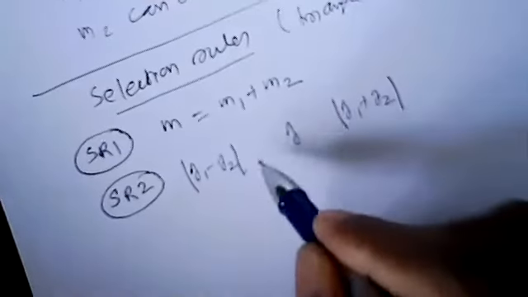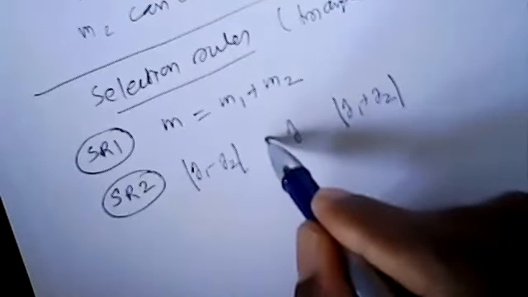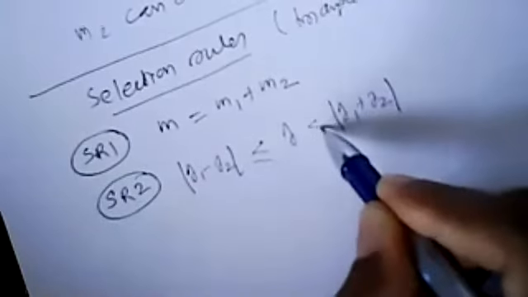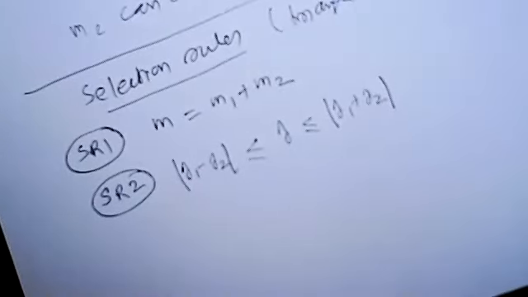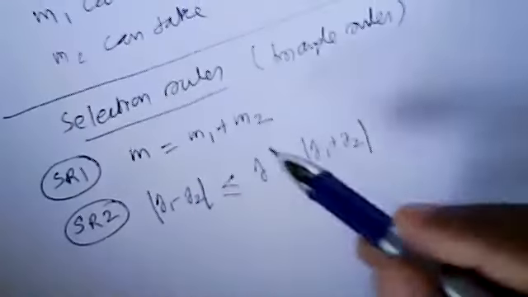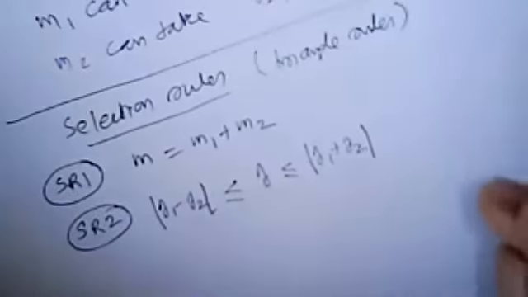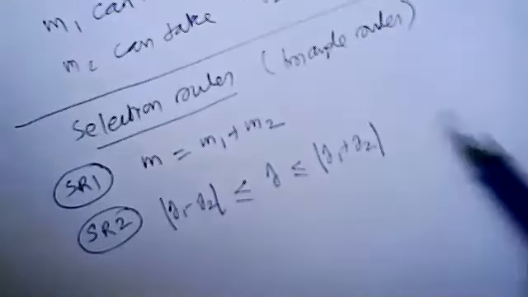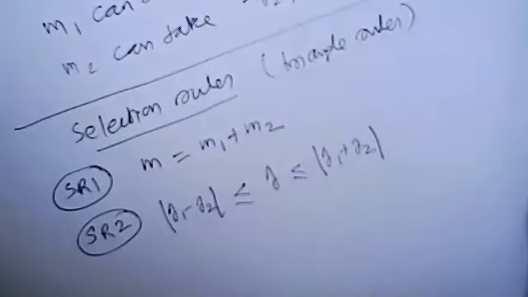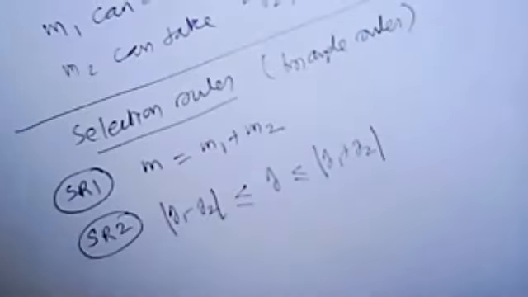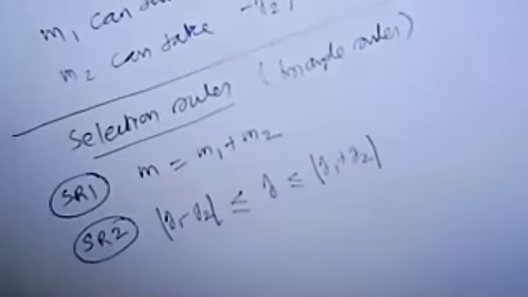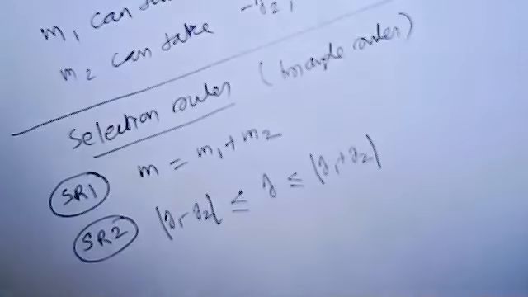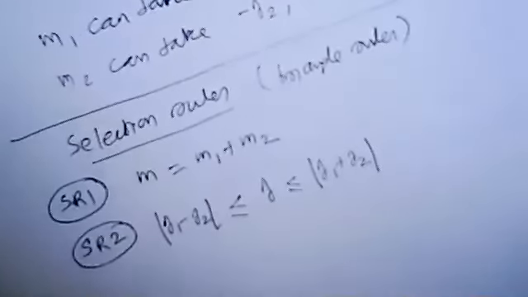So J varies between J1 minus J2 and J1 plus J2. These are the two selection rules under which the Clebsch-Gordon coefficient exists. First we will prove these selection rules. Then we will find the actual form of the Clebsch-Gordon coefficient.